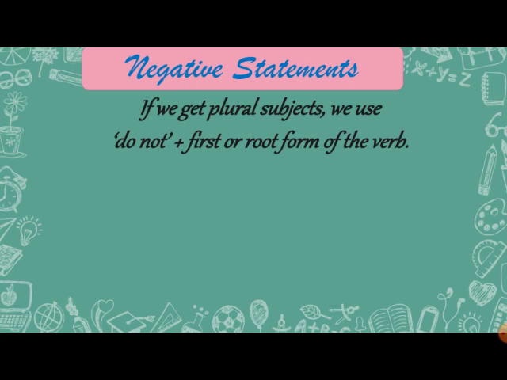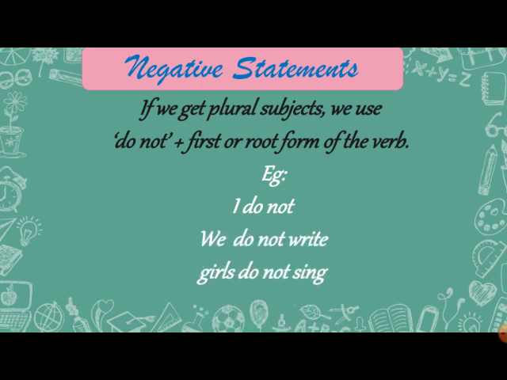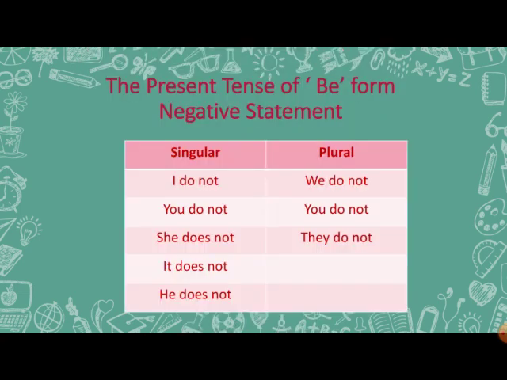For example, I do not, we do not write, girls do not sing, children do not play. The present tense, negative statement: I do not, you do not, she does not, it does not, he does not, we do not, you do not, and they do not.